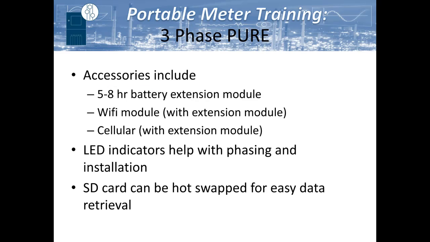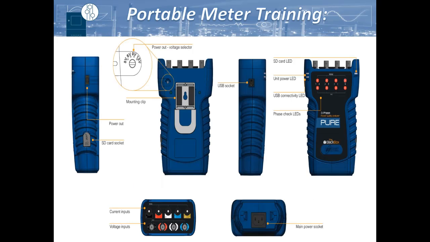Now on this screen, we have some basic specifications and the dimensions of it. This is shown without the extension module. If you look at the bottom right corner where it has the power connection, that is where the extension module just slides in.